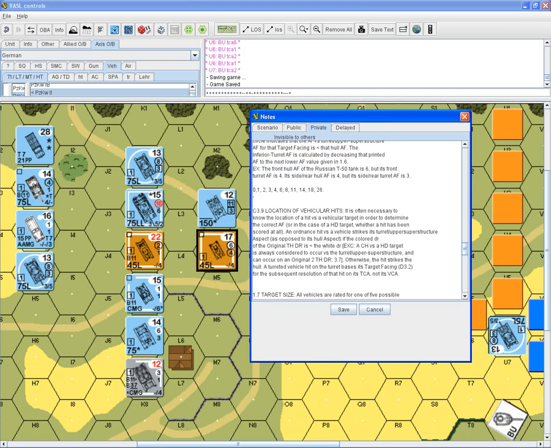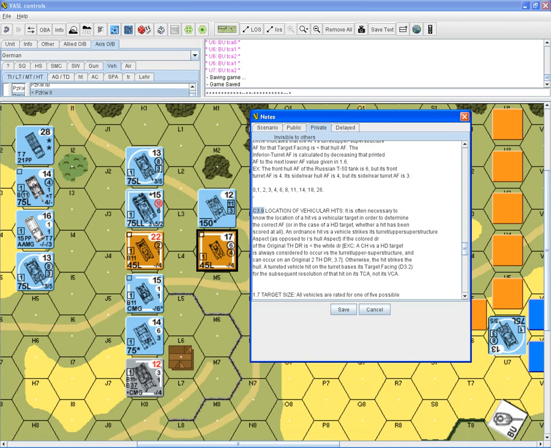When we're talking about attacking vehicles, sometimes it's very important to know whether you hit the hull or you hit the upper structure or turret. In this case, there's rule C3.9, location of vehicular hits. Basically, what this represents is if the colored die is rolled less than the white die, then you've hit the turret.